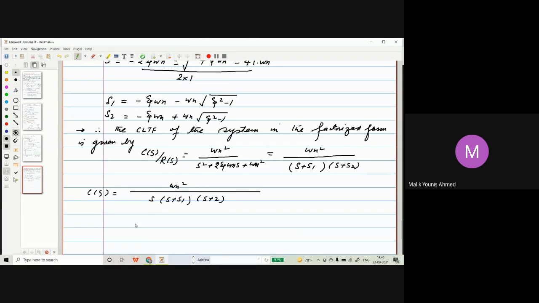If we use partial fraction expansion, we are not interested in calculating the values.